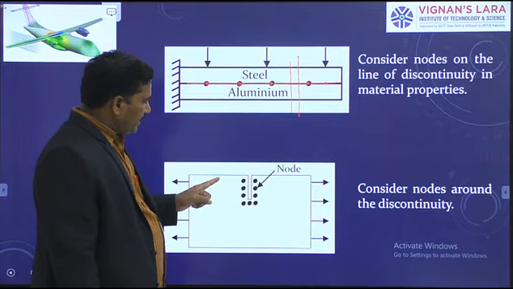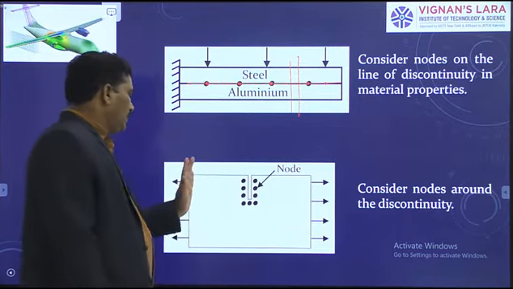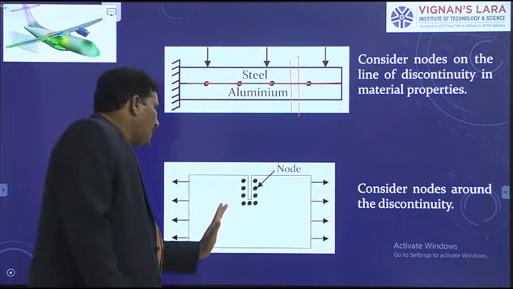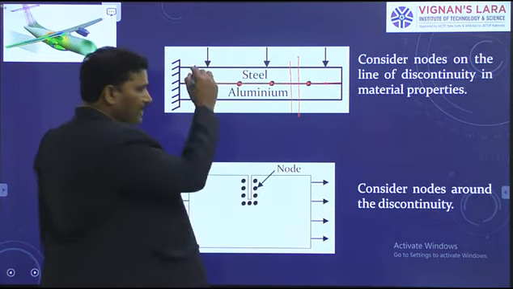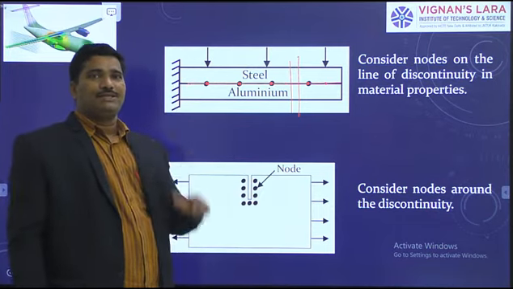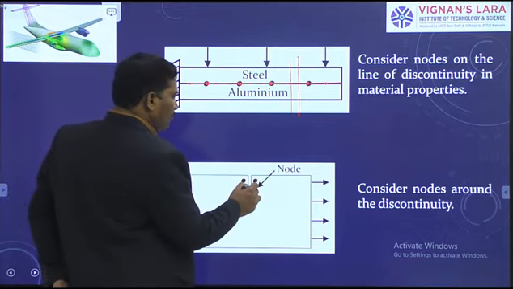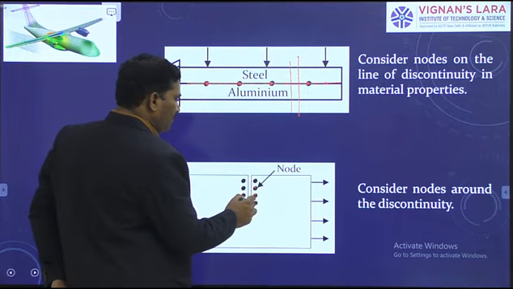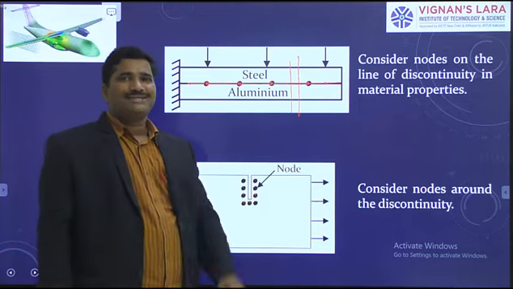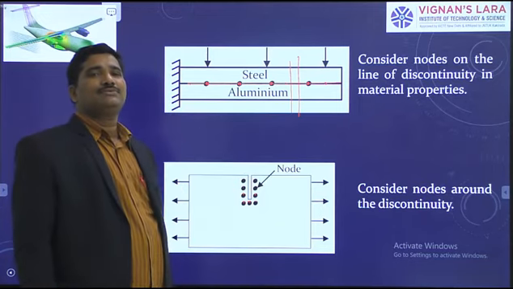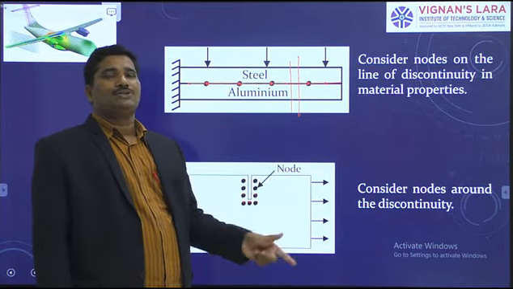You can assume this socket as a discontinuity because the cross-sectional area of this plate from this end to this end is changing in the plane of the socket abruptly. That is the reason why. Where there is discontinuity, we have to consider the nodes around the discontinuity as many as possible. Because stress concentrations occur in the neighborhood of the discontinuity.